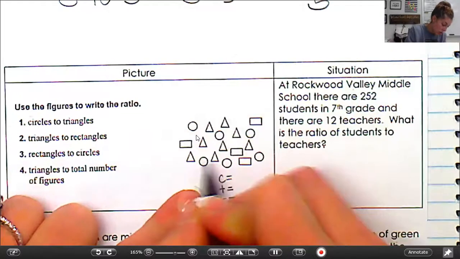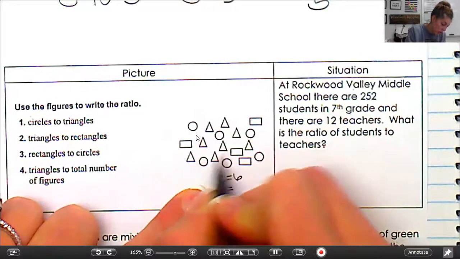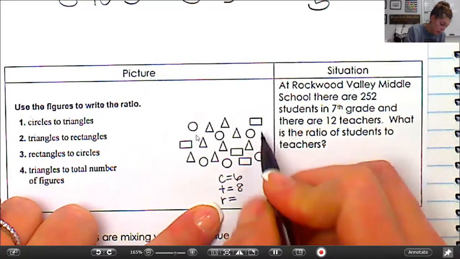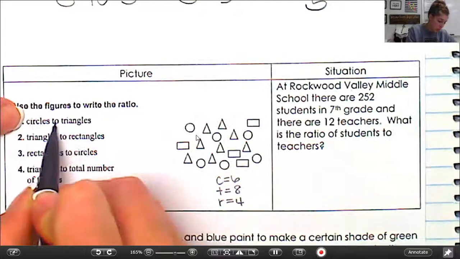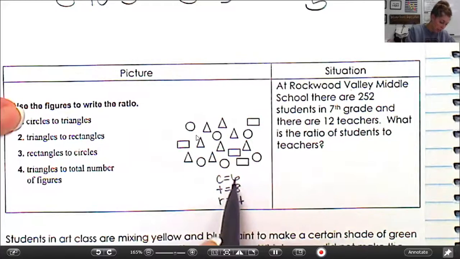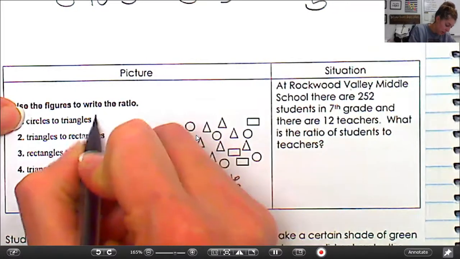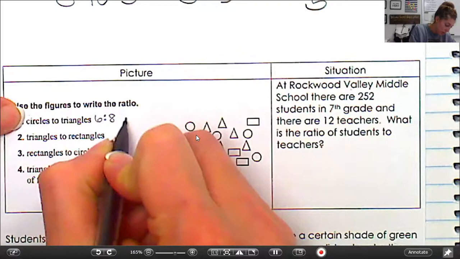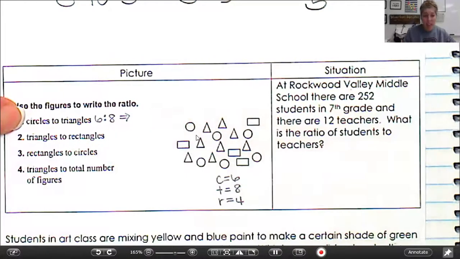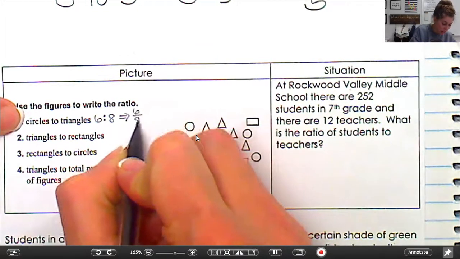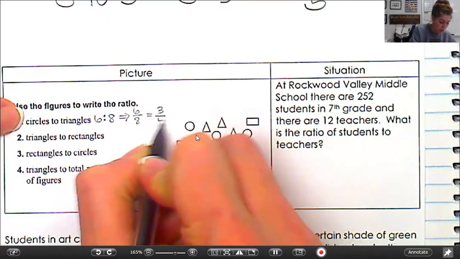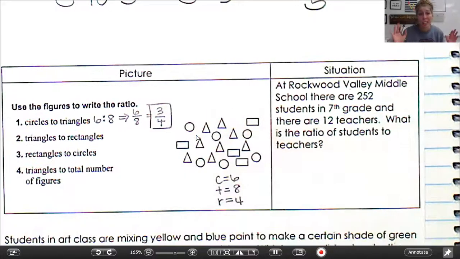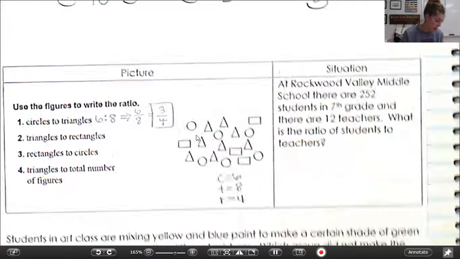So there are 6 circles, 8 triangles, and 4 rectangles, okay? So circles to triangles, I can do 6 to 8. And what I really think is helpful here is you writing it as a fraction, because that is not a good final answer for me. It does need to be reduced to 3/4, just like a fraction, okay?